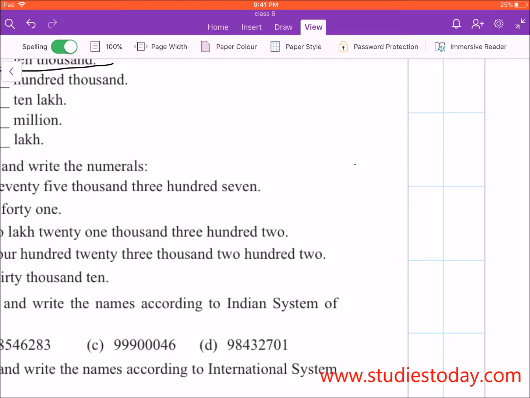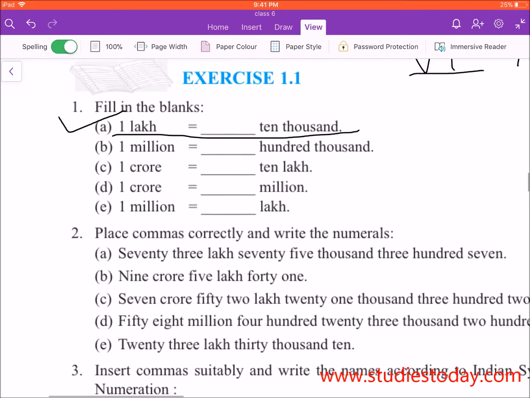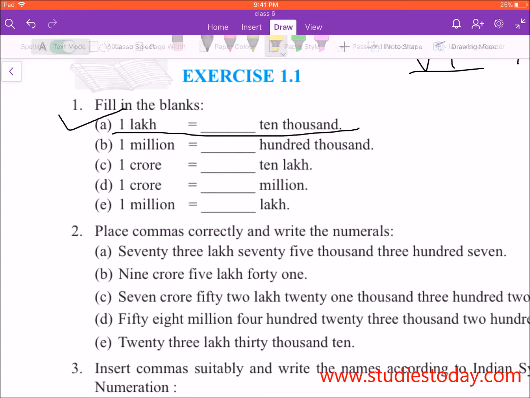Now we go to the next question, which is 1 million equals to how many 100,000?